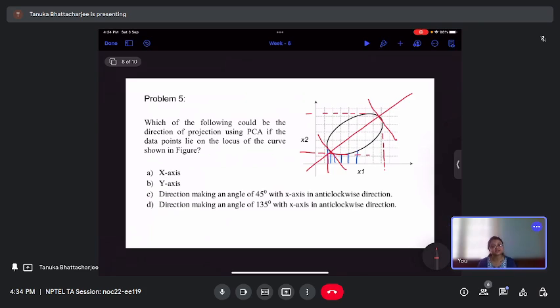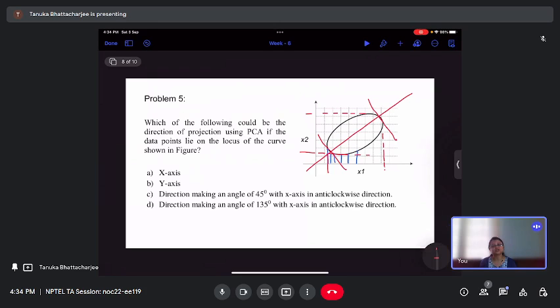This is basically the direction of the eigenvector corresponding to the largest eigenvalue of the covariance matrix. This is the direction along which, if you project the data, the variance of the projected data will be maximum, or your data set has the maximum spread along this particular direction.